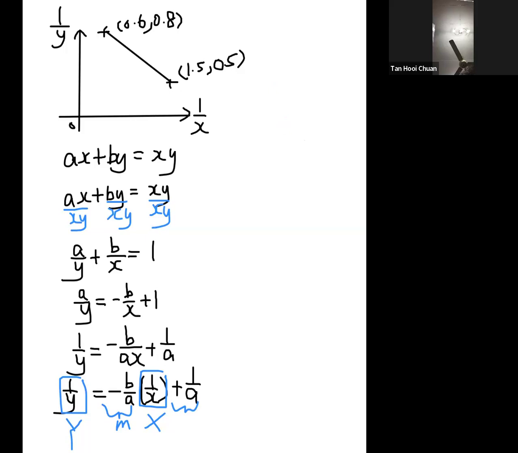So the first method I show you is I sub in the value here. This one represent 1 over x. This one represent 1 over y. So I sub in, I solve the simultaneous. This one is not a good method. Let's say if 1 over x is 0.6, 1 over y is 0.8.